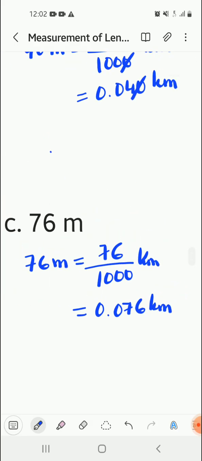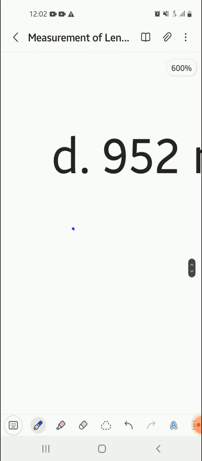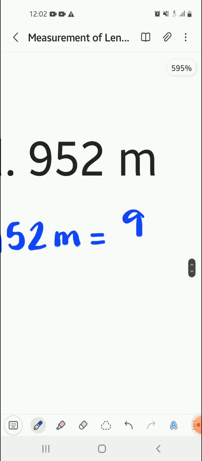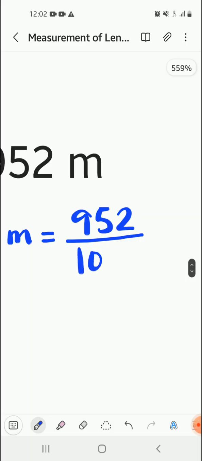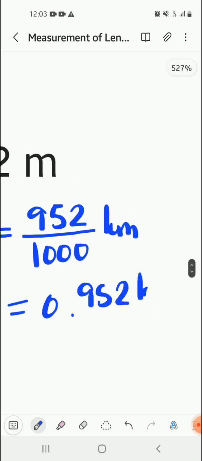That's it. Moving on to the next question, 952 meter. So 952 meter is equal to 952 by 1000 kilometer, which is equal to 0.952 kilometer.